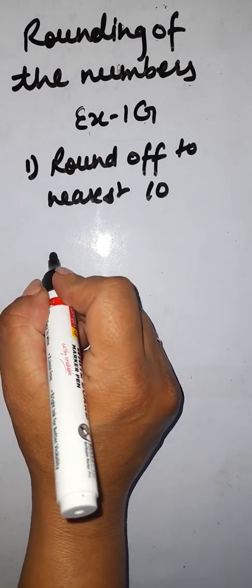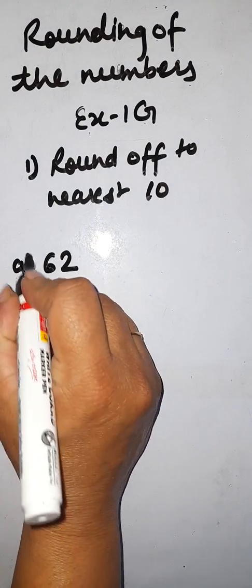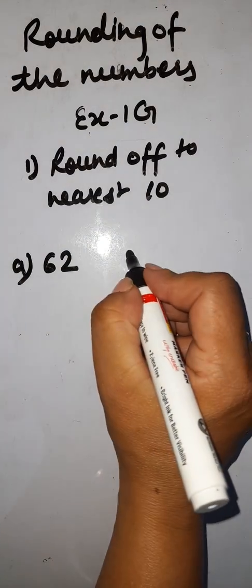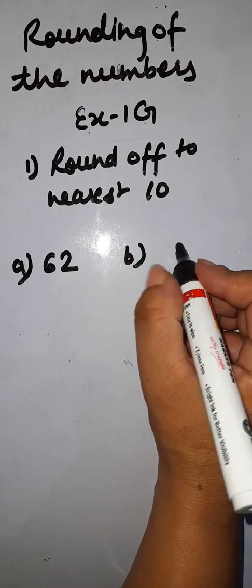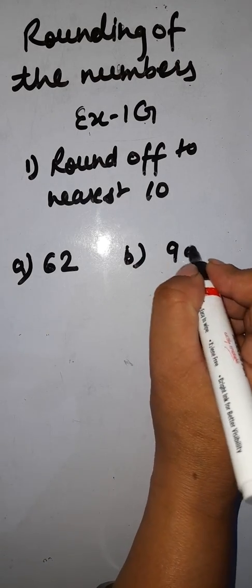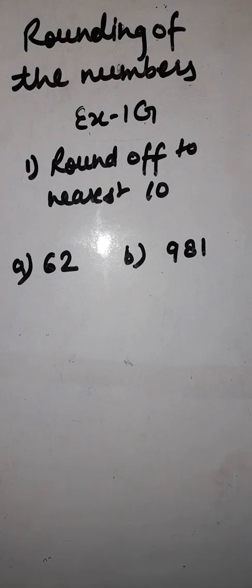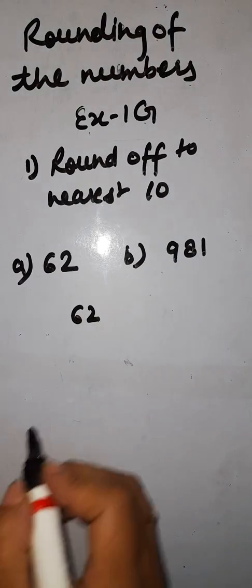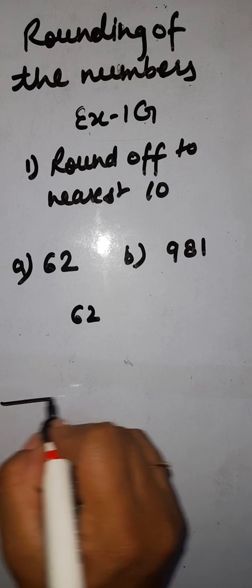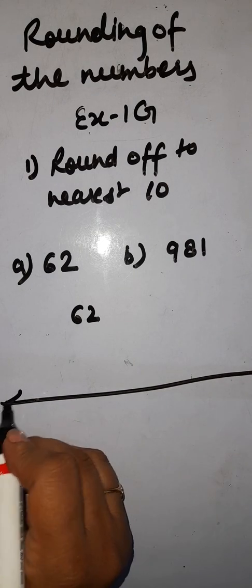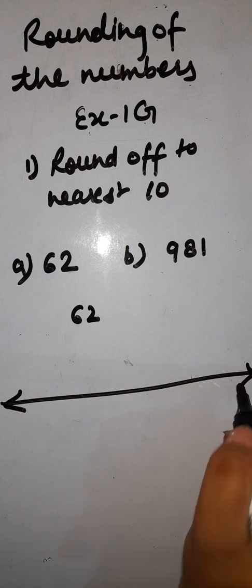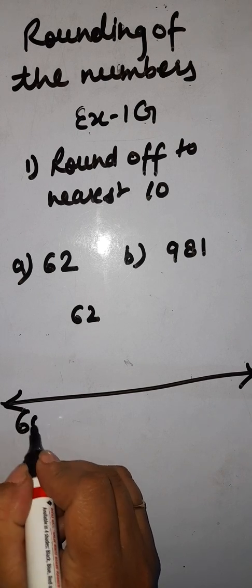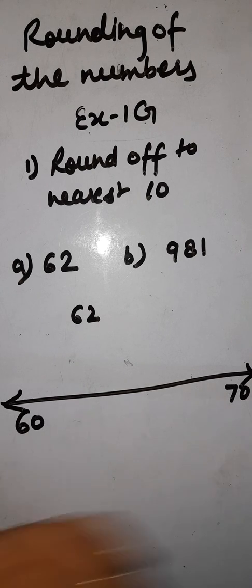We have an example here, 62. And one more example we will take, this is 981. So here we have 62. Draw a number line like this. Mark two arrows. This is 60, this is 70.